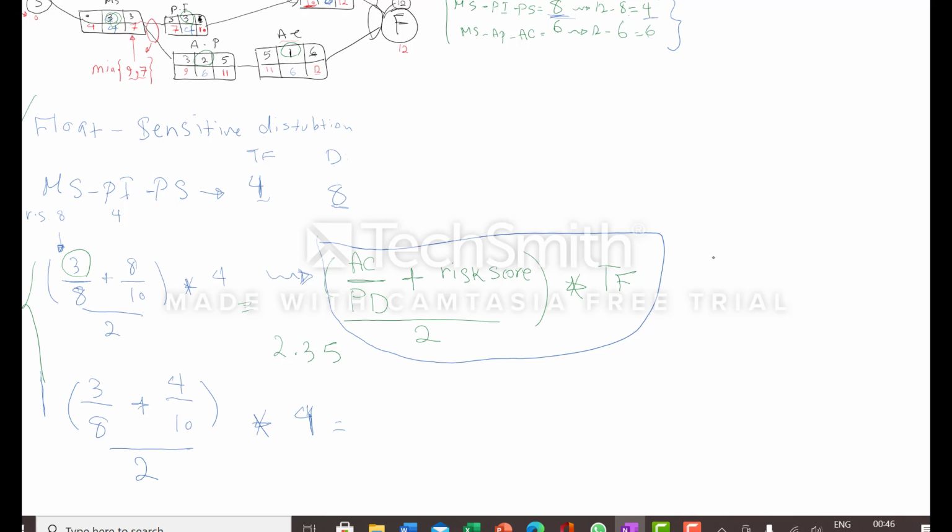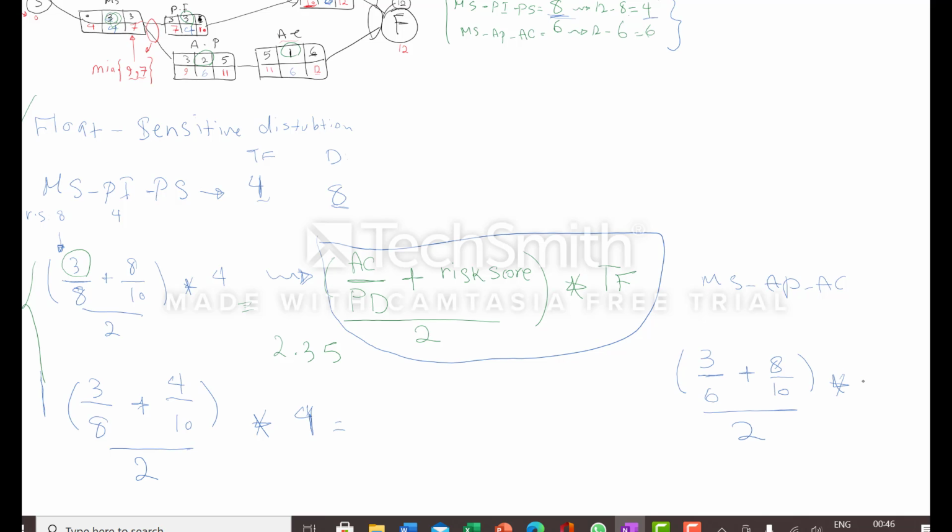So the duration of activity MS is 3 divided to 6 as a path duration plus the risk score. The risk score is 8 to 10 divided to 2 because it's average of these numbers, multiplied by 6 because the total float is 6.